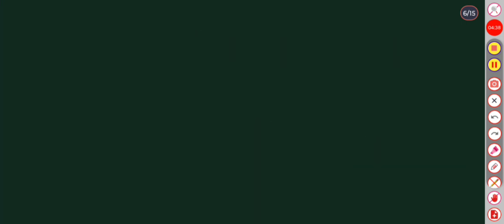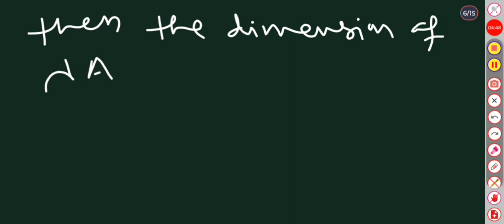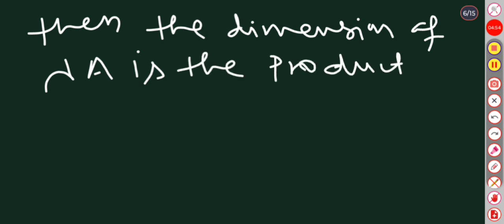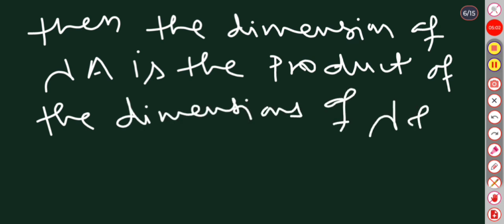Then the dimension of lambda a is the product of the dimension of lambda and the dimension of a.